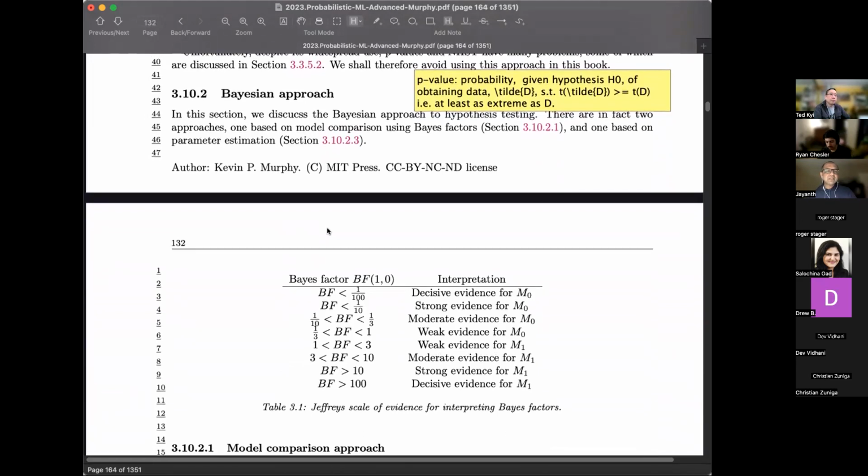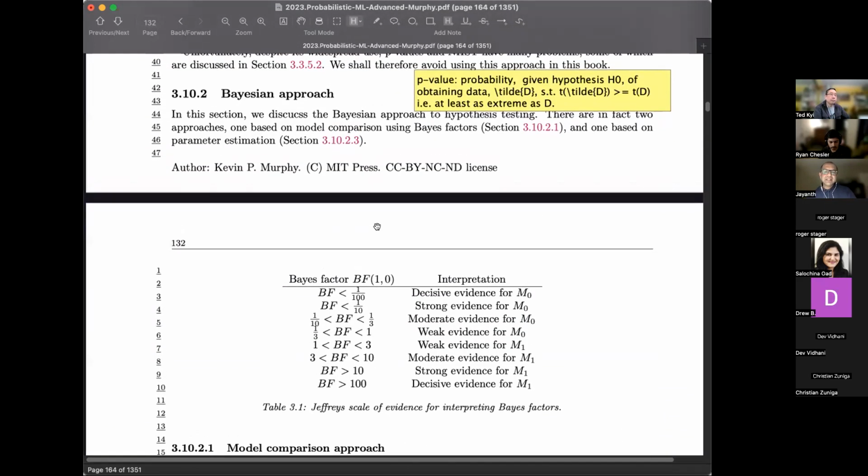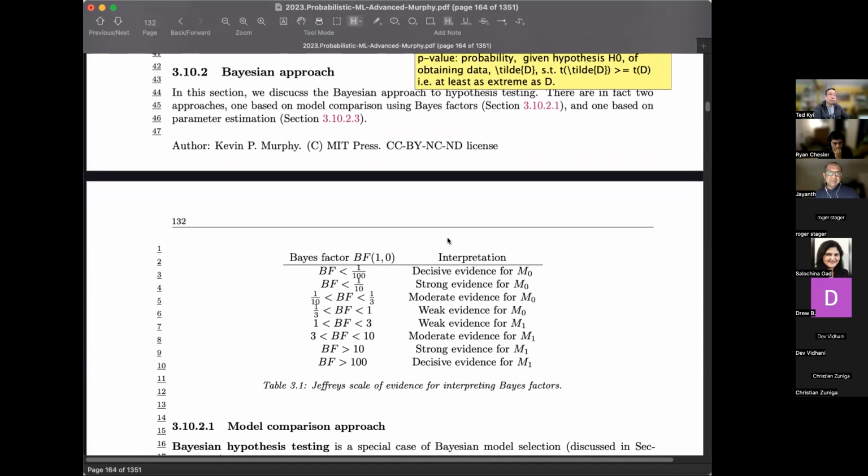In the Bayesian approach, you compute the Bayes factor, the thing that we looked at earlier between the two coin tosses, M0 and M1. You compute the ratio, and that ratio gives you the Bayes factor.